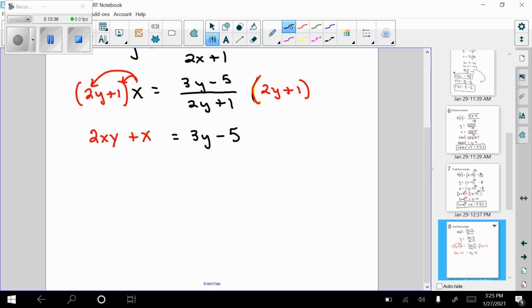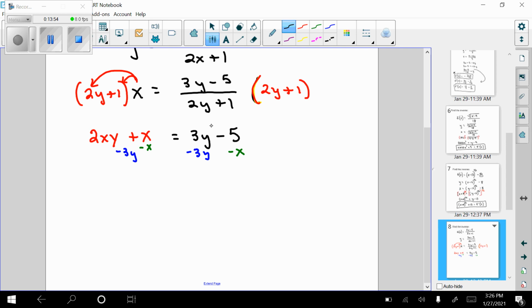So I'm going to move my 3y over to the left, and I'm going to move my x to the right. So I'm going to subtract 3y, and I'm going to subtract x.